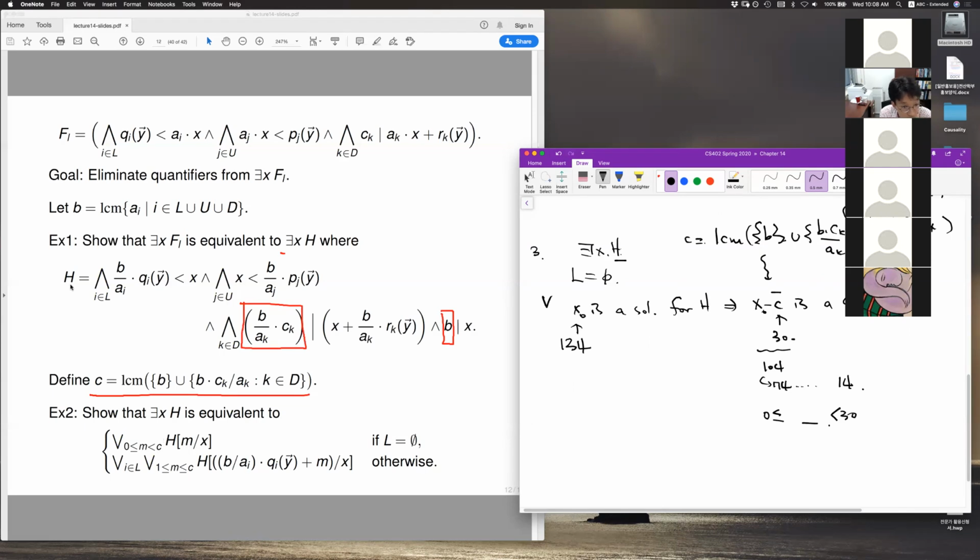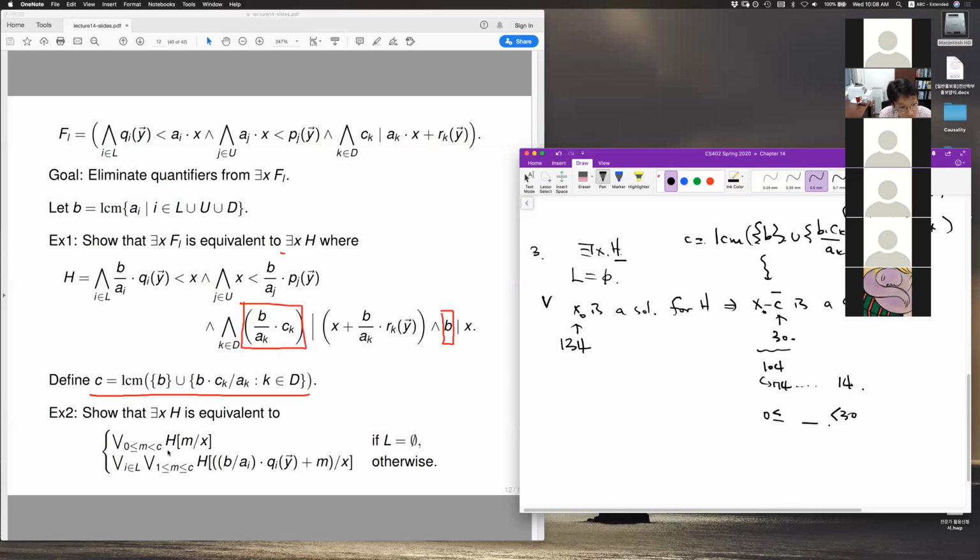Take h and plug in all the numbers between 0 and c, and then join them using disjunction. This m can be number 0, number 1, number 2, and so on. And each hm for x means that m is a solution for the constraint h.